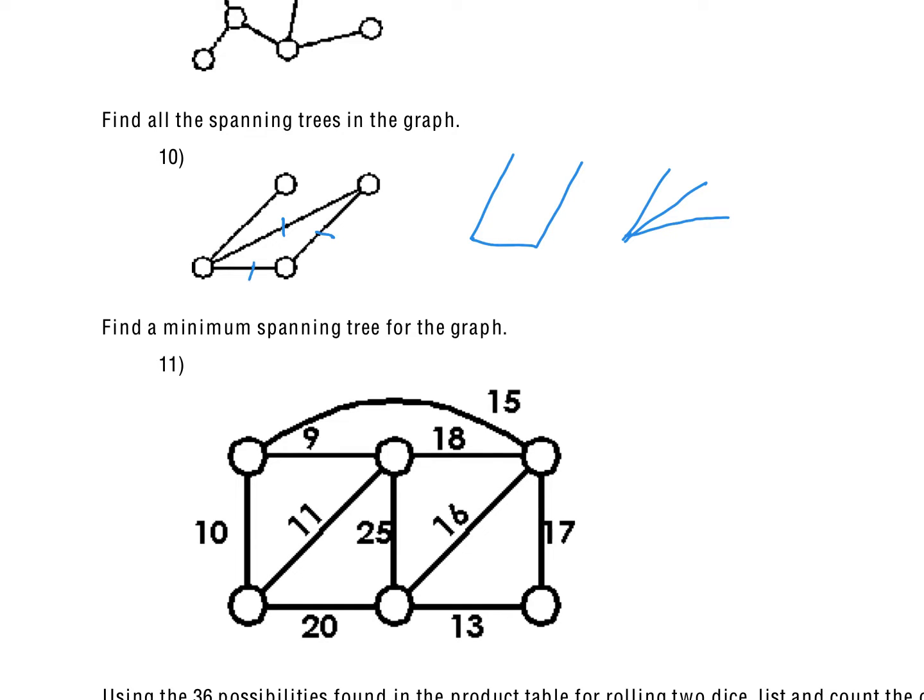Or we could remove this edge, in which case it would look like that. So there's the 3 spanning trees. Spanning trees touch all the vertices, and we have to remove one of the edges so that we don't have a circuit.